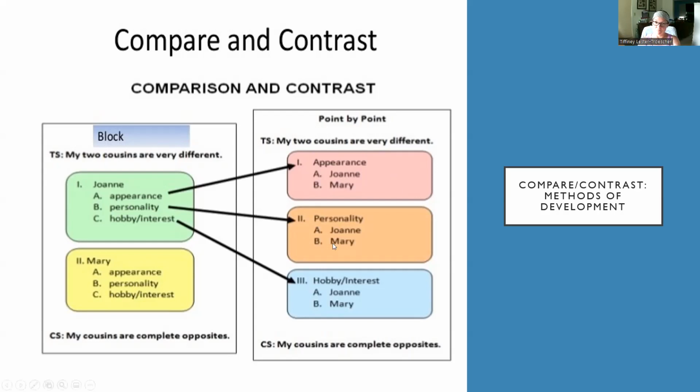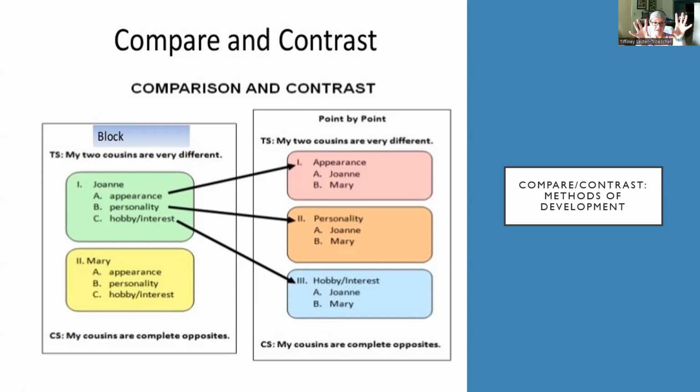Over here in the point-by-point method, right? Appearance, personality, hobbies, and interests. And notice we talk about Joanne first every time. That is a critical component of coherence for a compare-contrast paragraph.